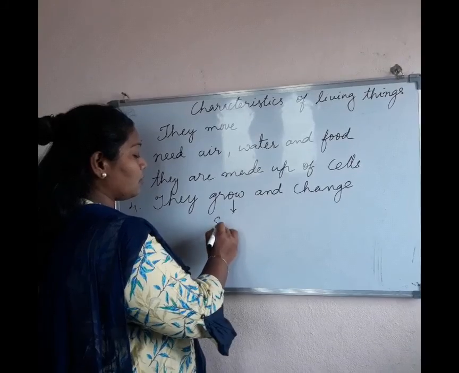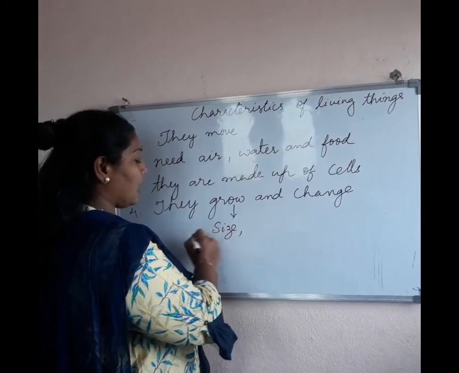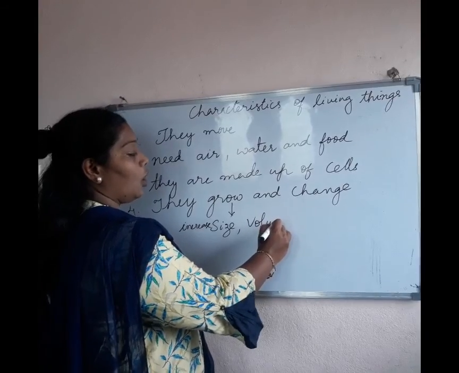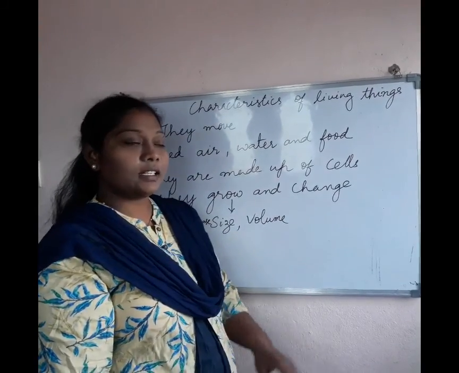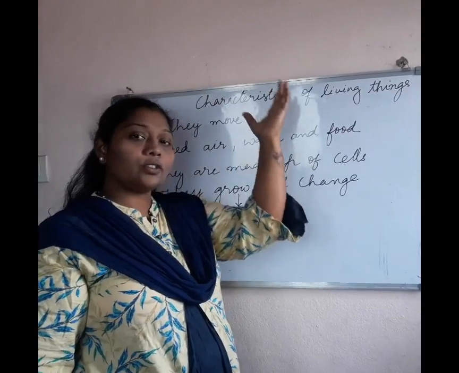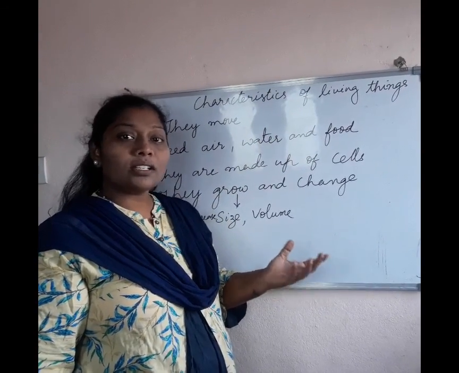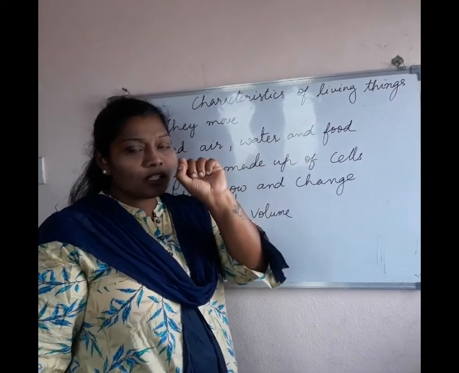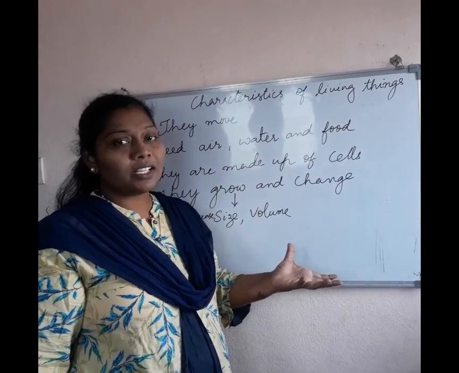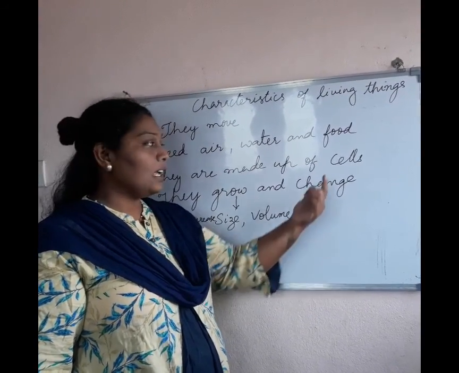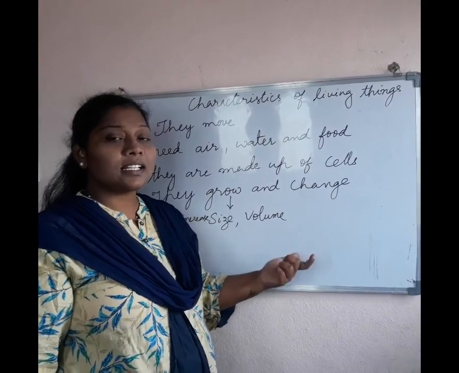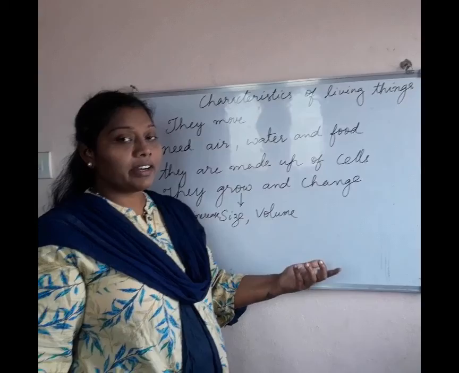So growth is nothing but an increase in size and volume. A seed is only this small, but it grows into a big tree. You can see the huge difference. What is the reason? The cells divide, and as a result the size increases.